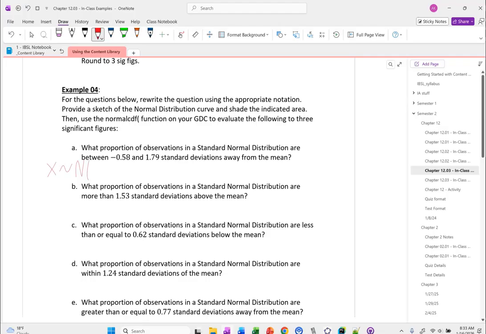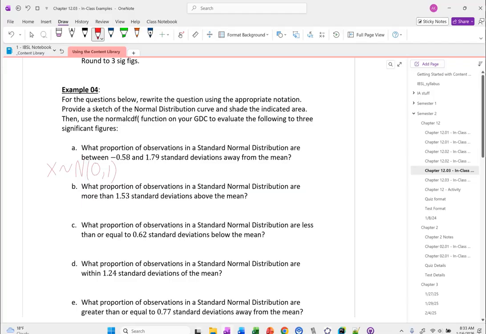It should tell you the numbers. The mean is 0, and the standard deviation is 1.